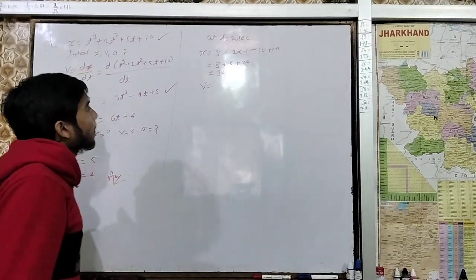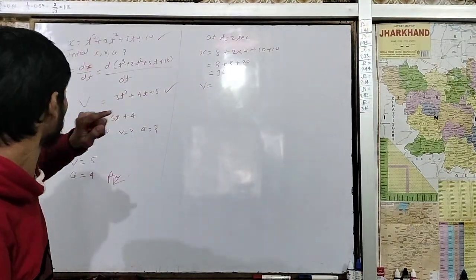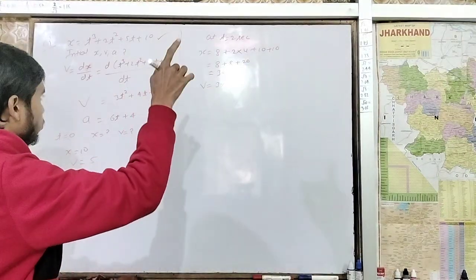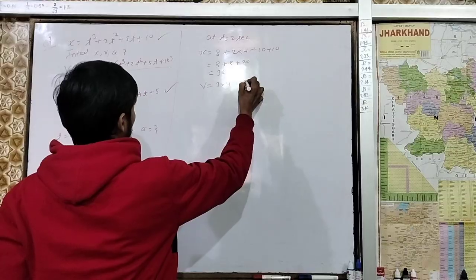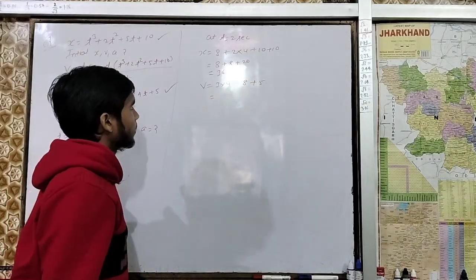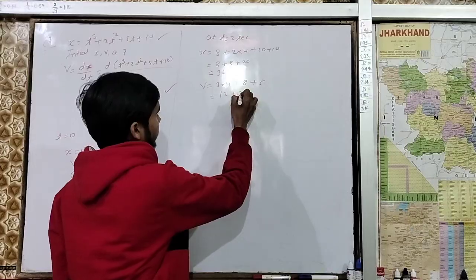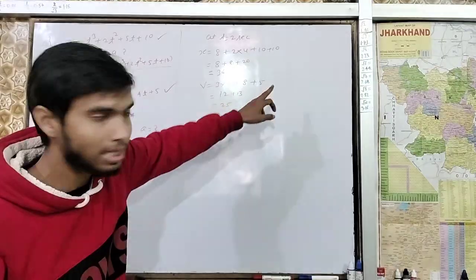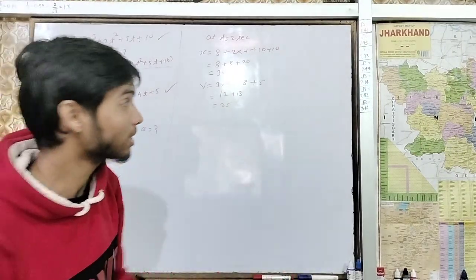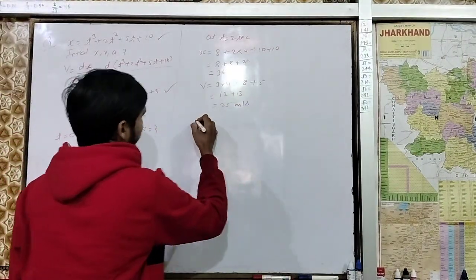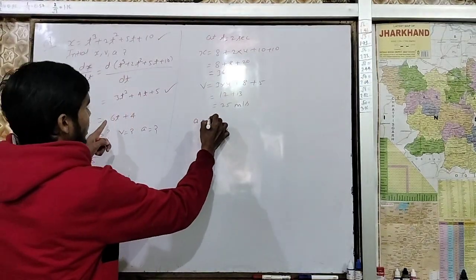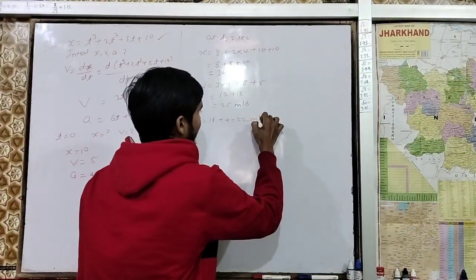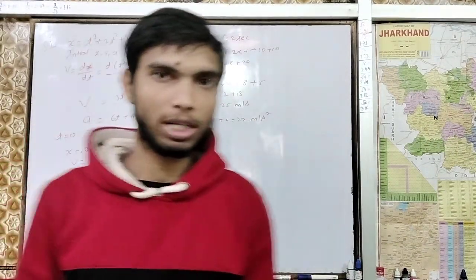Now what is v at 2 seconds? So v is 3 times 4, which is 12, plus 4 times 2, which is 8, plus 5, giving 25. The location of the particle is at 36 with a velocity of 25 meter per second, having an acceleration of 6 times 2 is 12 plus 4, so 22 meter per second square.